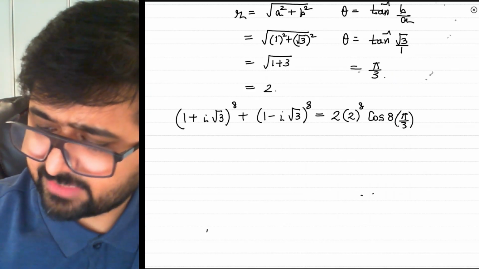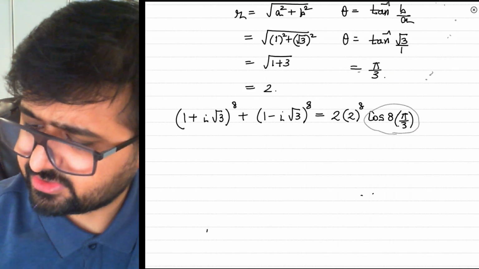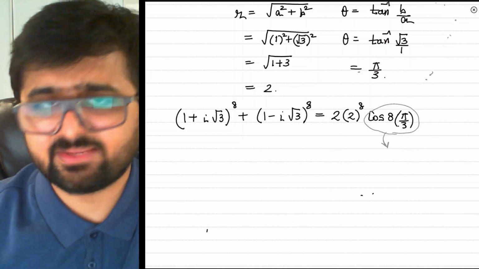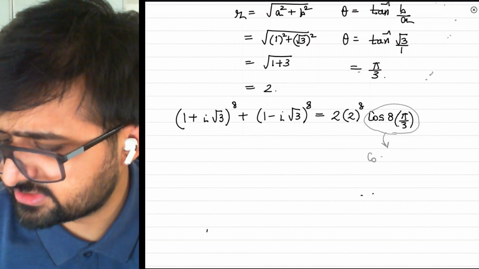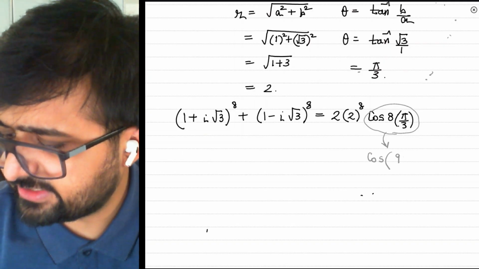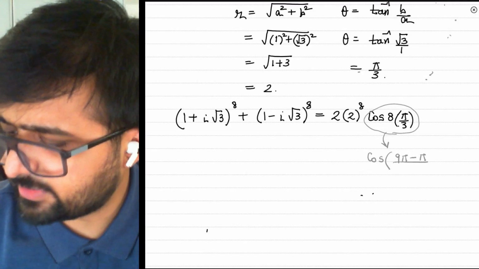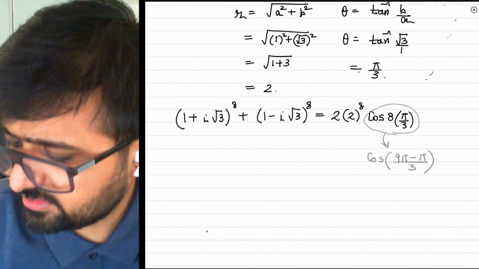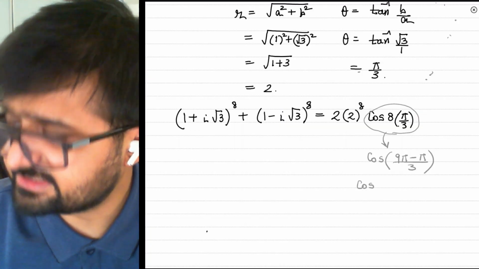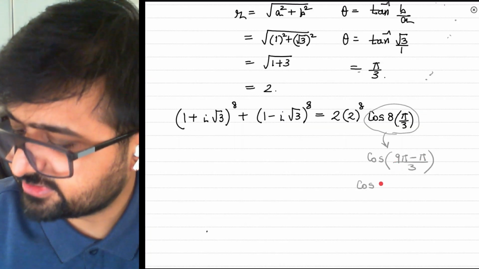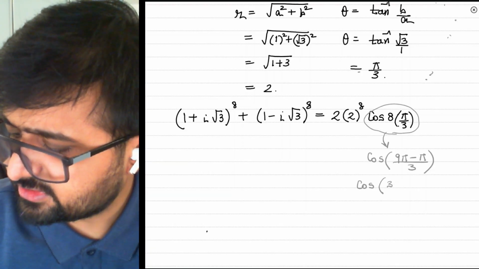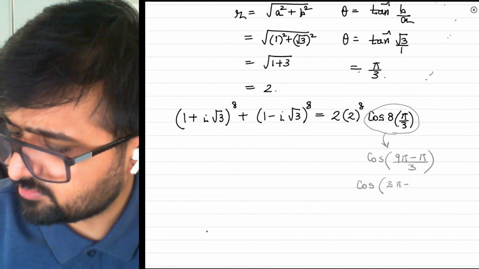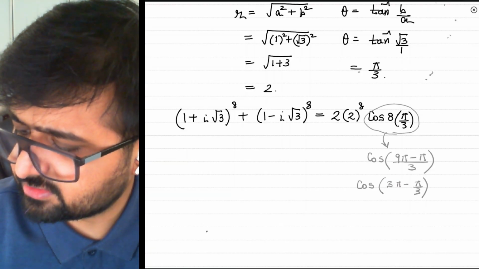Now cos 8 pi by 3, you can also use your calculator anytime to calculate. But if anyone is curious, this can be written as 9 pi minus pi by 3. Then you can split that 3 in both the terms, so you get cos of 3 pi minus pi by 3.